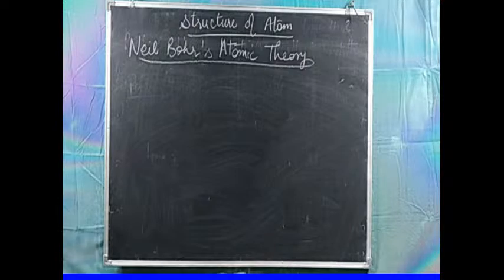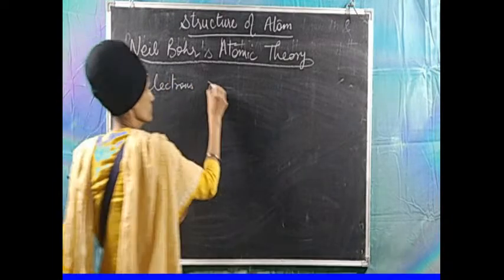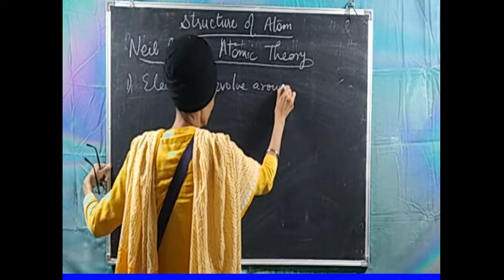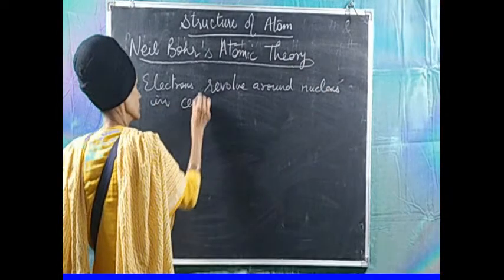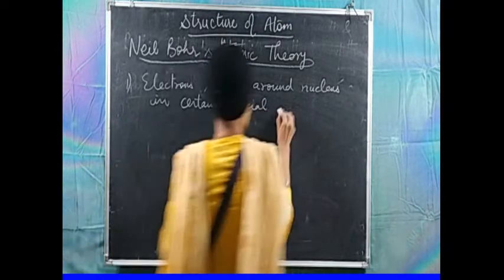When Bohr gave his theory, he said that electrons revolve around the nucleus in certain special, allowed orbits.